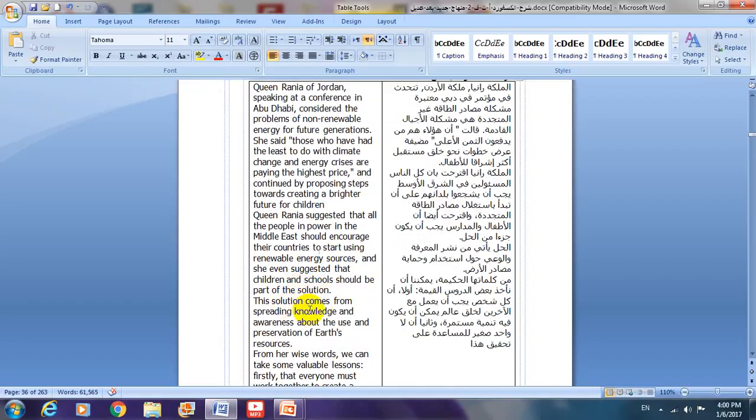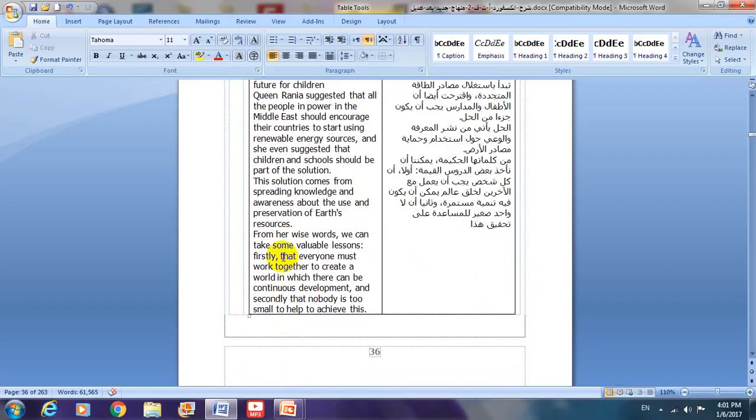This solution comes from spreading knowledge and awareness about the use and prevention of earth resources. From her wise words, we can take some valuable lessons. Firstly, that everyone must work together to create a world in which there can be continued development, and secondly, that nobody is too small to help to achieve this.